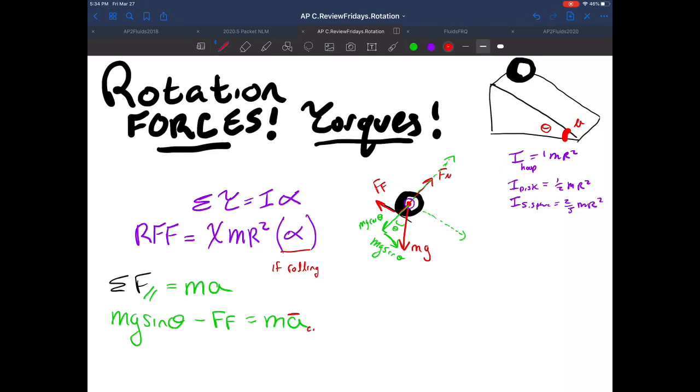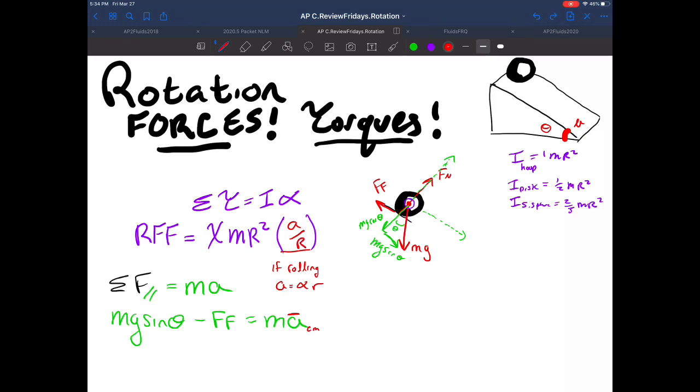A is talking about the center of mass acceleration, while alpha talks about the angular acceleration of the disk. And if the disk is perfectly rolling down, then they'll just be connected through R. A equals alpha times R. So above in this expression, let's take our alpha value and replace it with A over R.